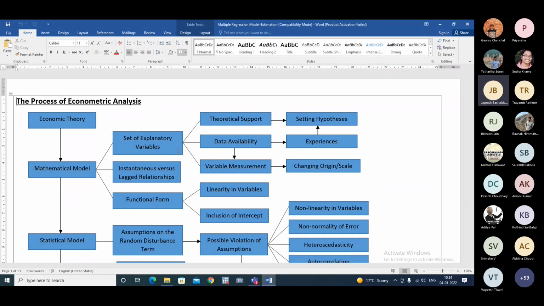But as I said, the instantaneous versus lag relationship, that sort of specification would be very, very important. It has in fact many purposes. Like in many cases, we use the lag basically to set the direction of causality.